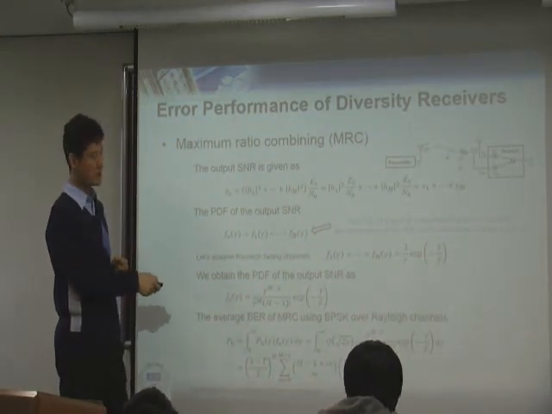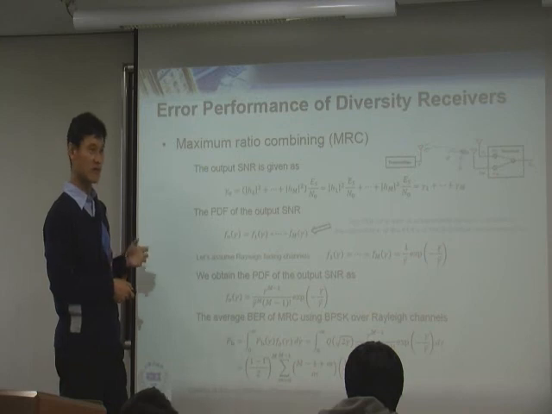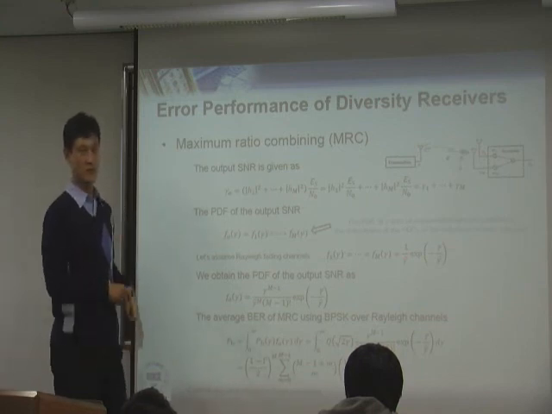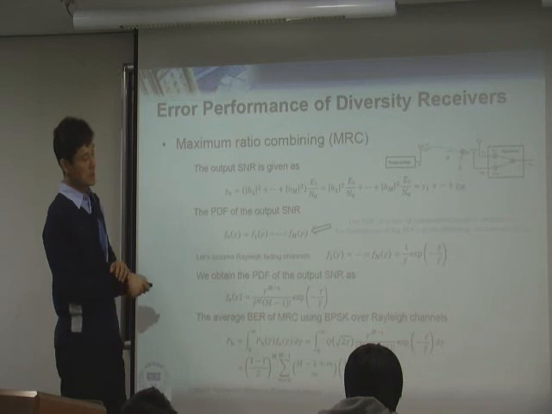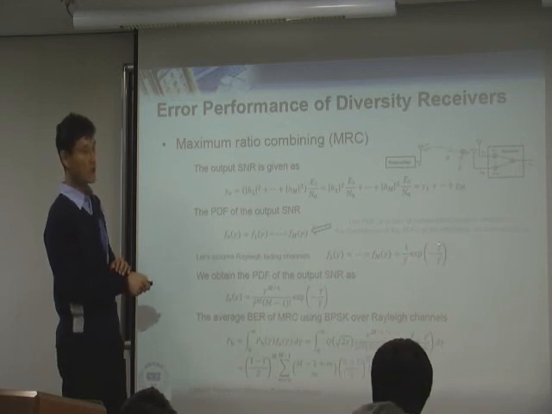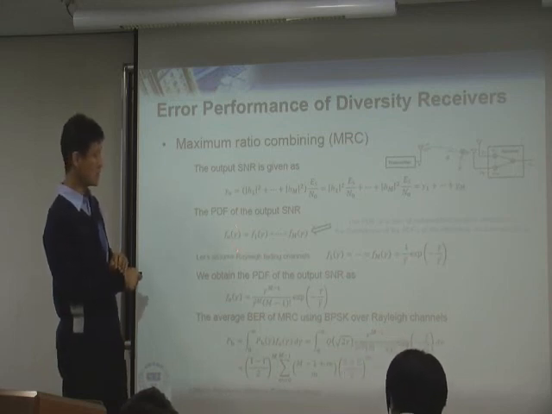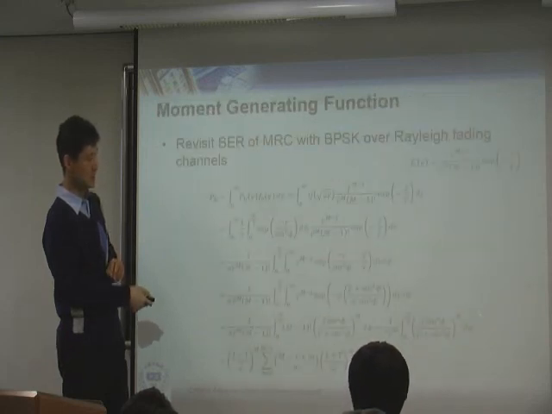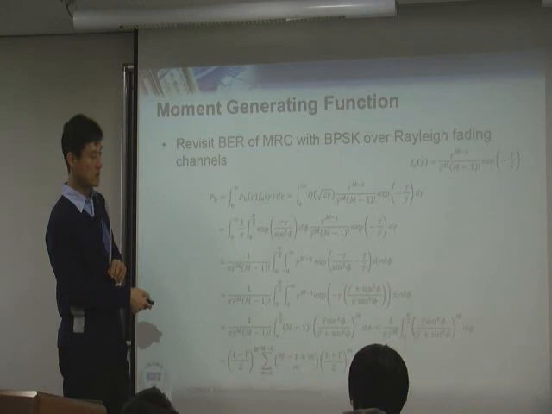How can you do the convolution of this one m times? That's very difficult to do. But if you bring this one to the Laplace domain, it's easy, right? We can look up the Laplace transform table, and then you can take the power of m. That's going to give you the PDF. That's what you see here. That's why you see the power of m right here in the Laplace domain.